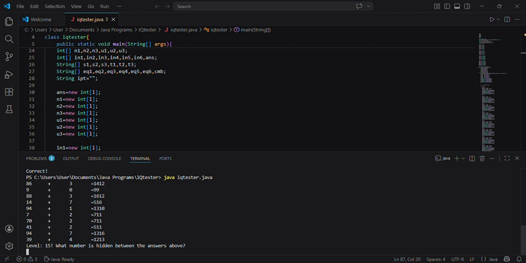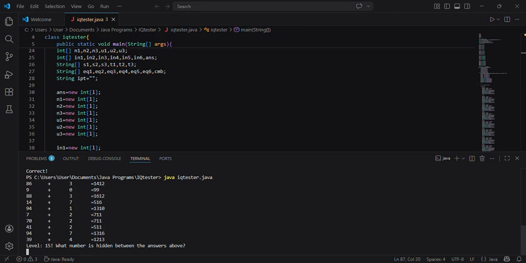Here it is 9. 9 plus 0 equals 99. It is saying that 9 plus 0 is equal to 99. Here 0 plus 9 is equal to 9. If we see the third line, 88 plus 3 is equal to 1612. So 8 plus 8 is equal to 16, then 3 gives 12.